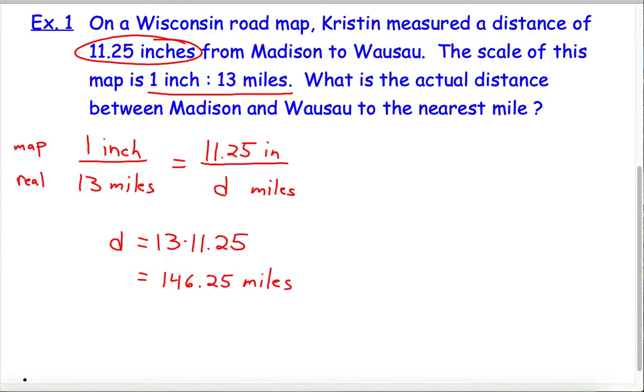And then you reread the question: what's the actual distance between Madison and Wausau to the nearest mile? So that means that our answer is going to be 146 miles. And that's it. Pretty straightforward.